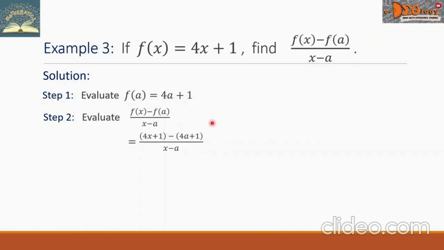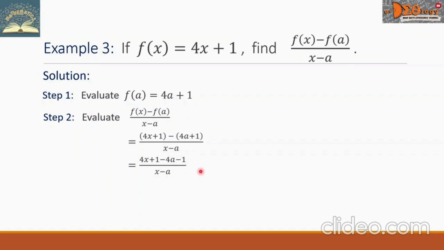Let's remove the grouping symbols respectively. From the first group, we can remove directly. But the second group, because of the negative sign here, we need to change the sign of all the terms of the second group. So it becomes 4x plus 1 minus 4a minus 1 all over x minus a.